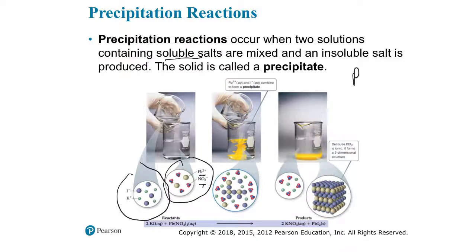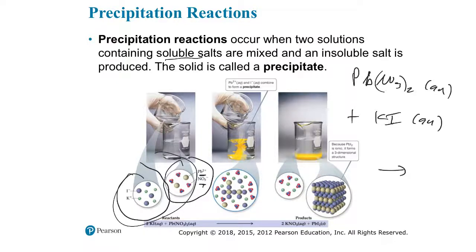Lead nitrate is water soluble. That's reacting with KI, also water soluble. And then we really are just mixing these ions together, and when the I- bumps into the lead ions, they start to precipitate. So if you take 2 iodides and a lead, they're going to start precipitating that yellow solid.